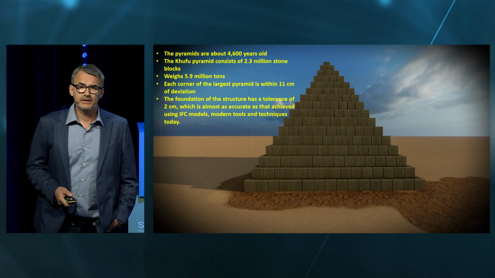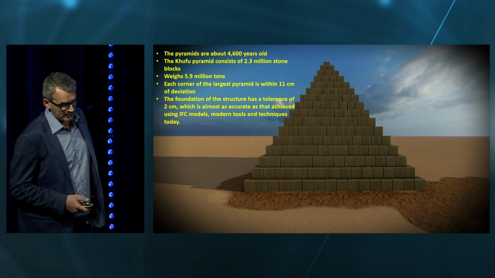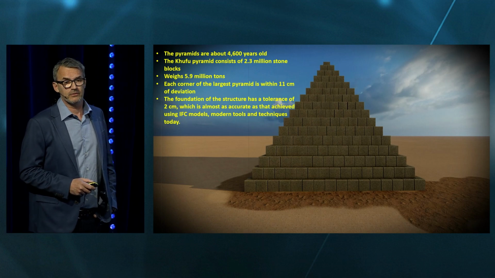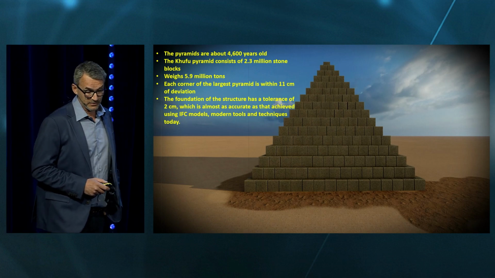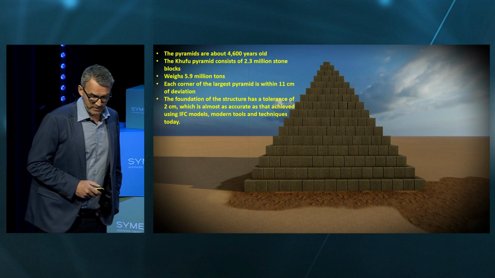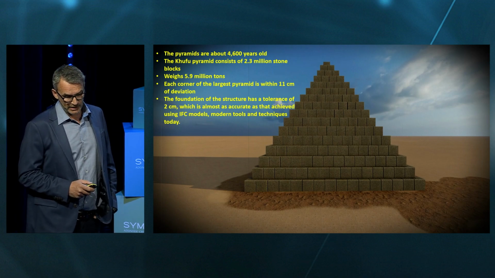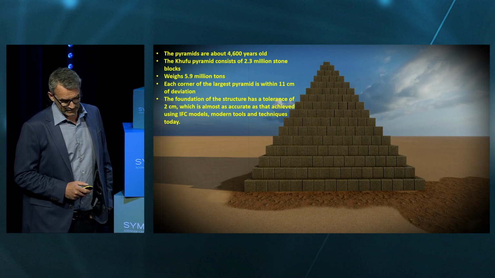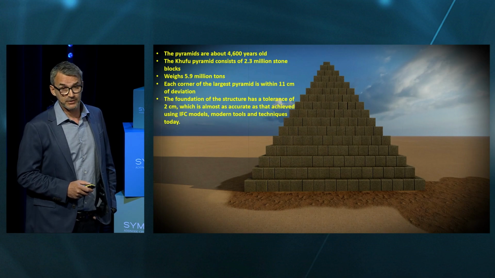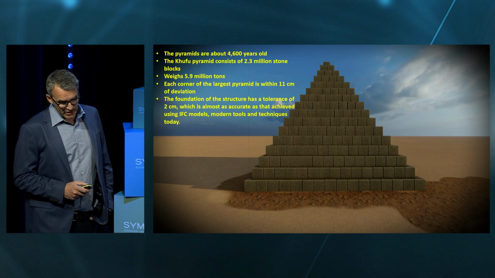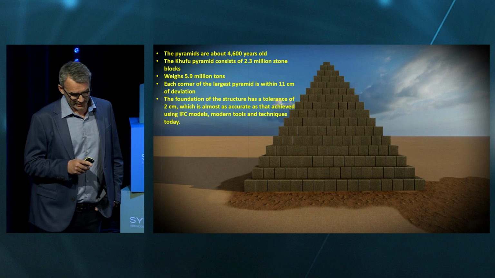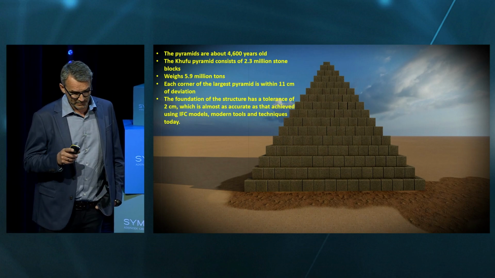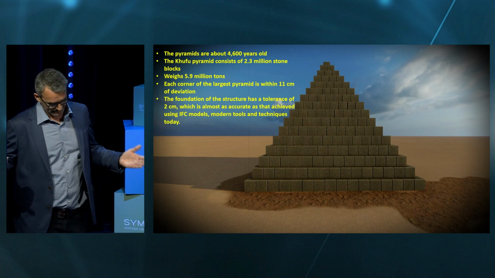And so, a little digression to the end. The pyramids are about 4,500 years old. The Khufu pyramid consists of 2.3 million stone blocks. The weight is nearly 6 million tons. Each corner of the larger pyramid is within 11 centimeters of deviation.